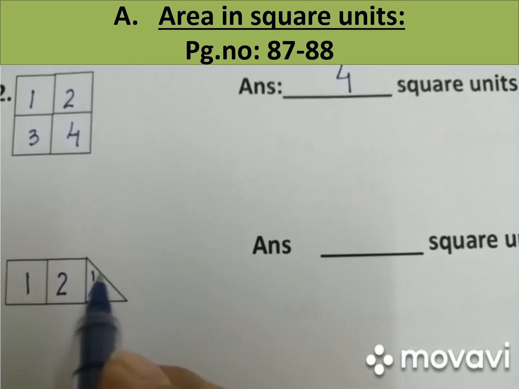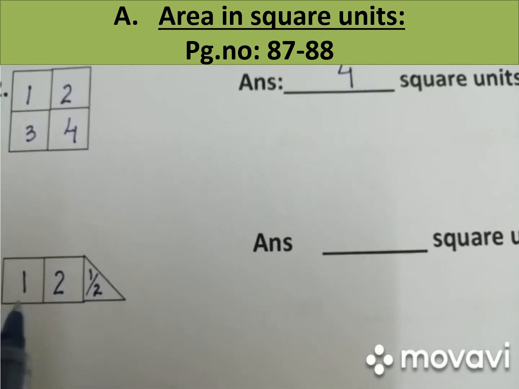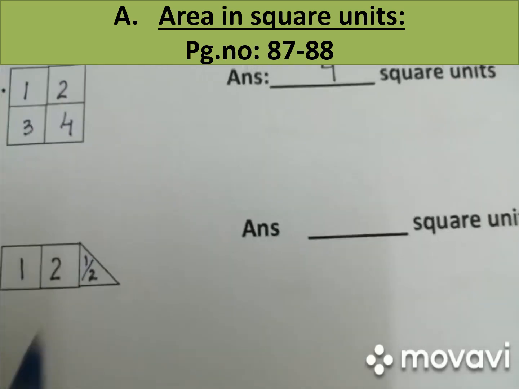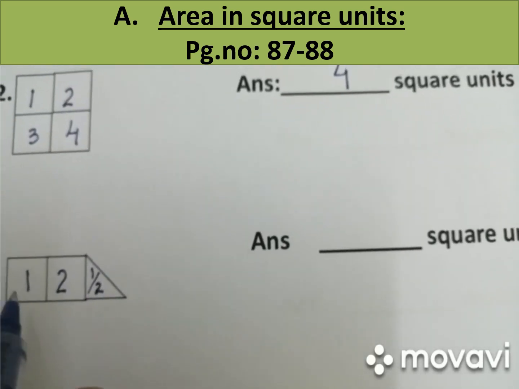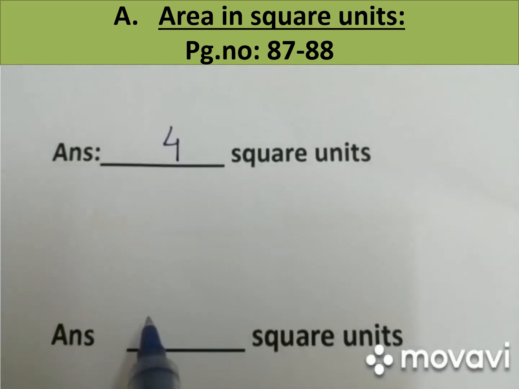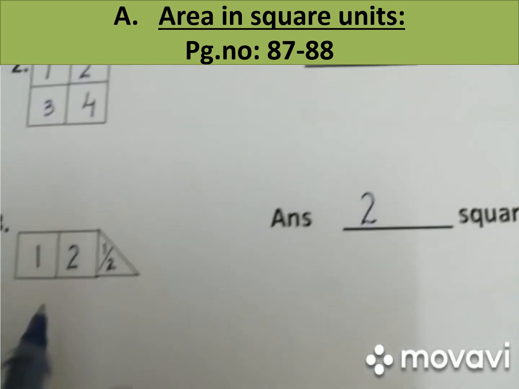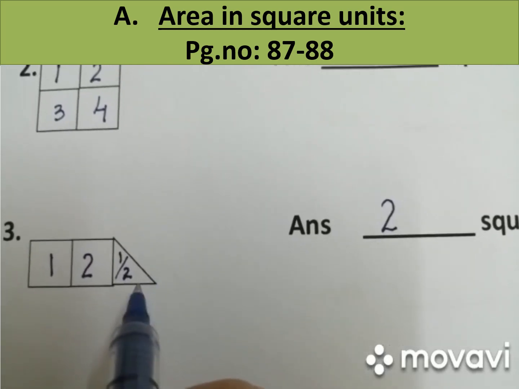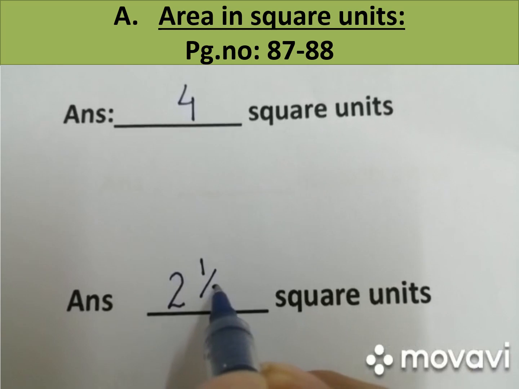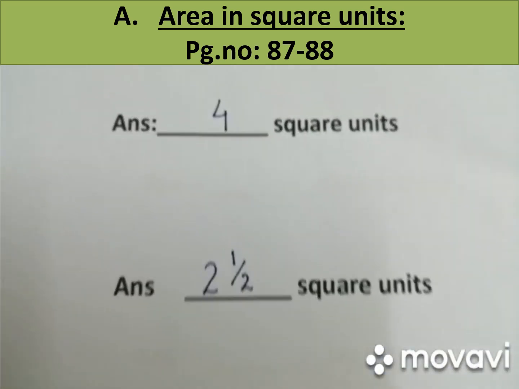Two triangles make up one square and it's only half, so we can say 1, 2 and a half. See, two squares, 1 and 2, and how many triangles are here? 1. So we can say 2 squares and a half, 2.5 square units.